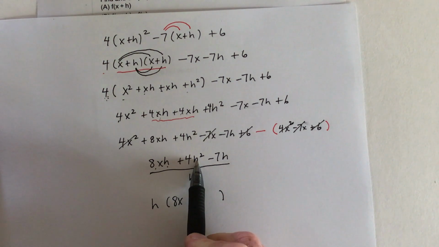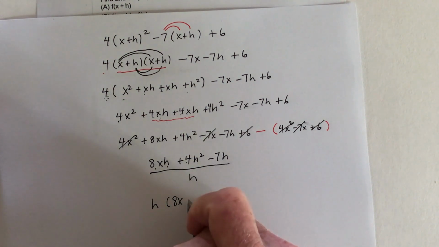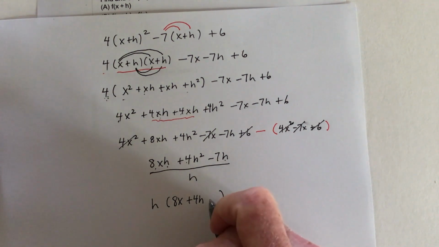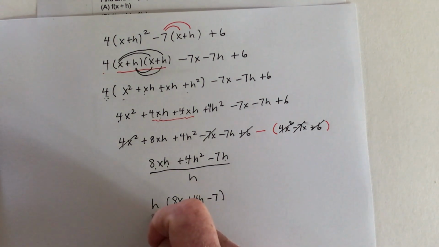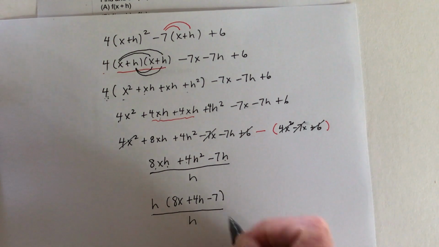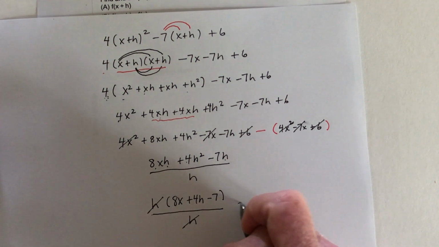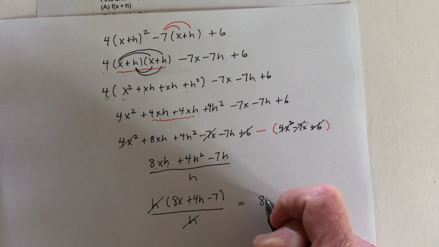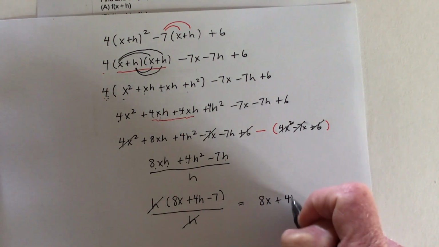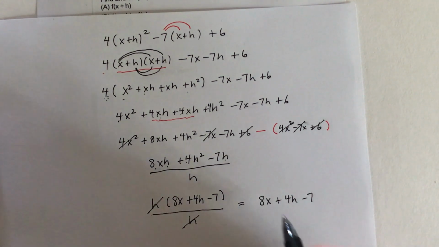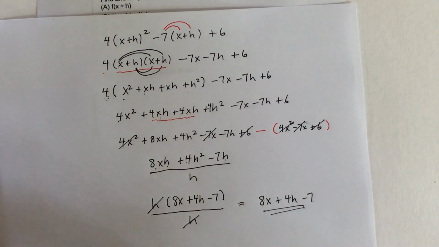Take out 1h right here, so that's going to leave 4h. And if you factor out this h, all that's left is negative 7. And then, because there's an h on the top and h on the bottom, they cancel. So that means my final answer is 8x plus 4h minus 7. And then that would be the last thing that they asked for.